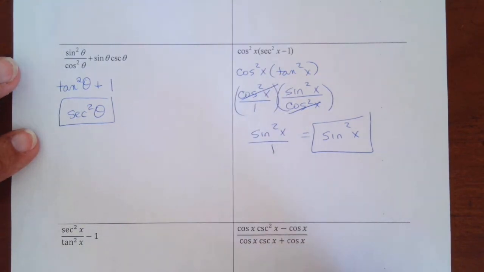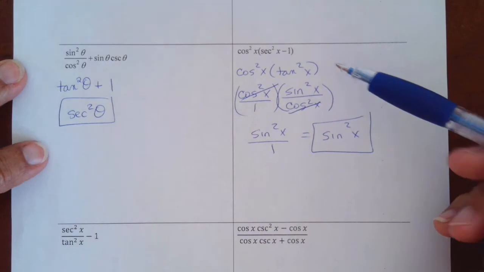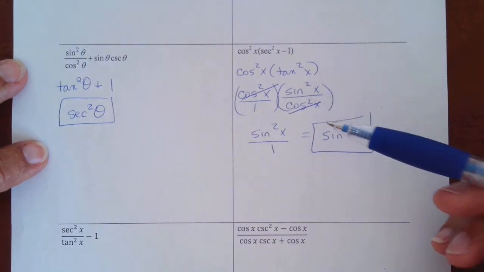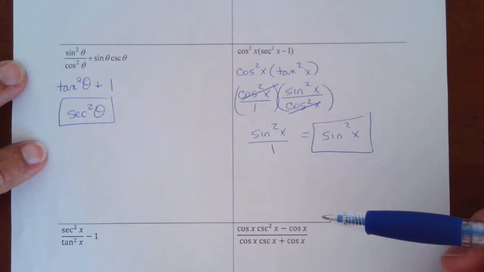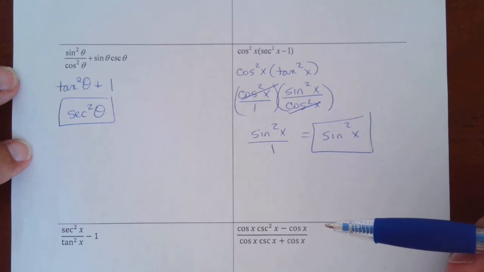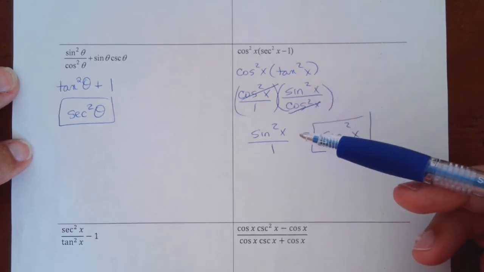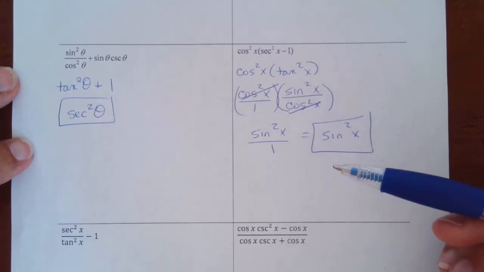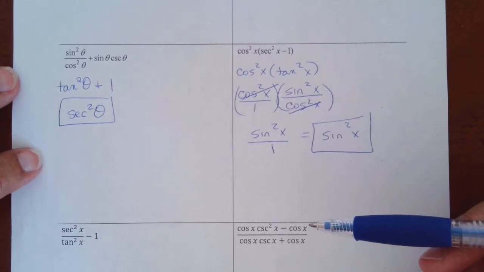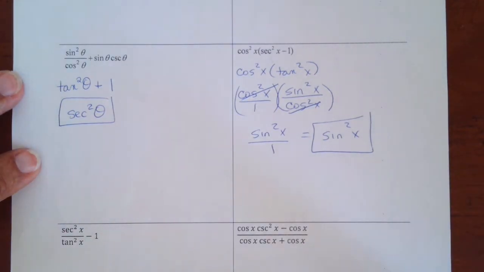I'm picking the way that my brain is seeing it first and foremost, but that doesn't mean it's the only way. As long as every step you do is correct, you will eventually get to the right answer. So that's the nice thing about this, you just start on it. Do what you think you want to do, and it will work out as long as every step is correct as far as using your identities.